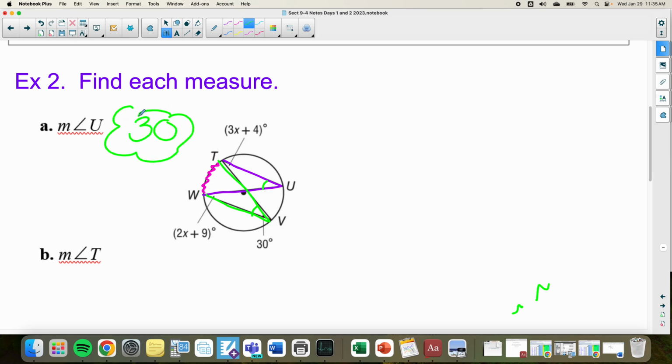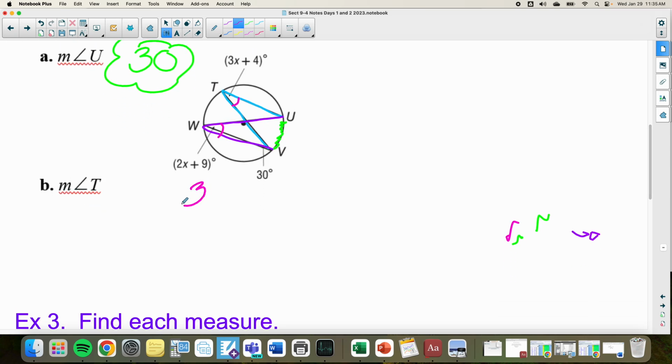All right, now, as I said, we're doing that same theorem twice. So the next time, I'm going to look at angle T. It intercepts this arc. And angle W intercepts that same arc. So what that tells us is T and W are going to be equal, okay? So what I can say then for that one is that 3x plus 4 is going to equal 2x plus 9. I'm going to subtract 2x.